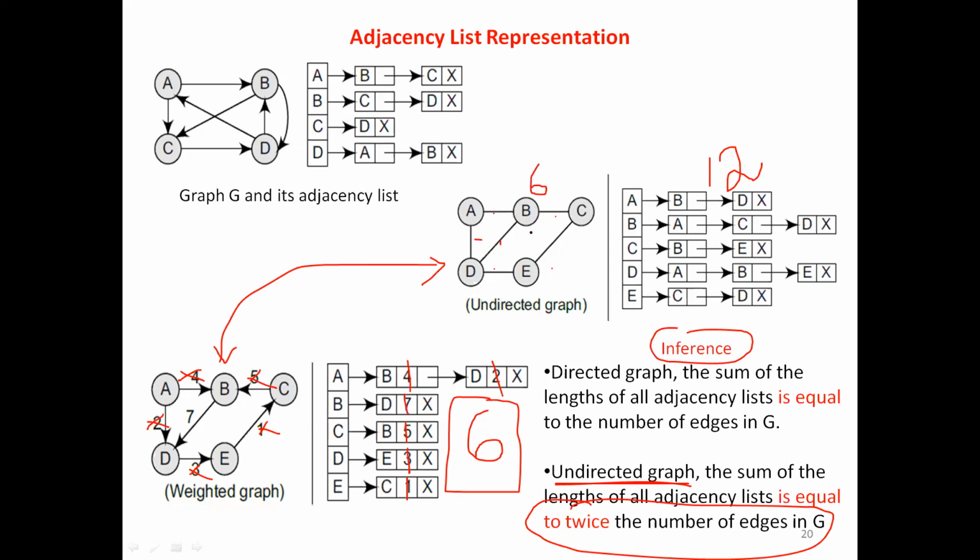If you want to represent it, it requires 12 because it is an undirected graph. That is the inference we are getting from this graph. This is understood, guys? Can you understand? Can anyone give a reply?